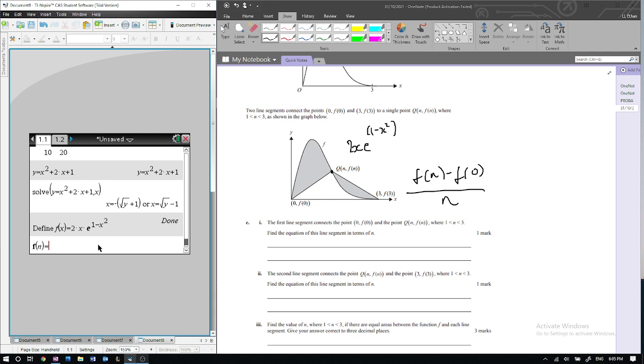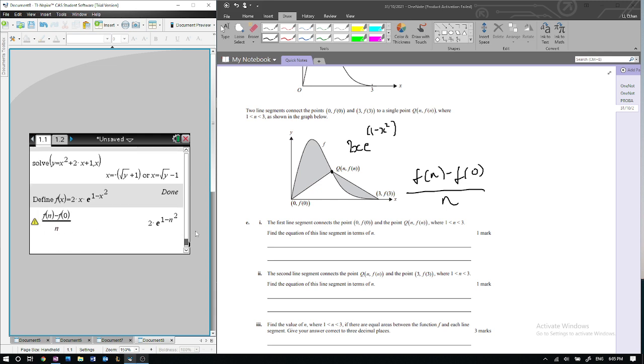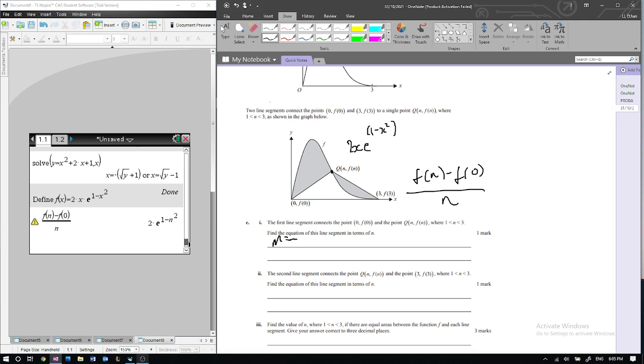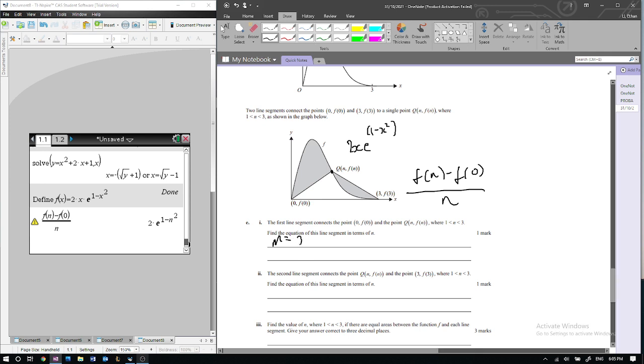Then I did f(n) minus f(0) over n, and that's the gradient of the line segment.